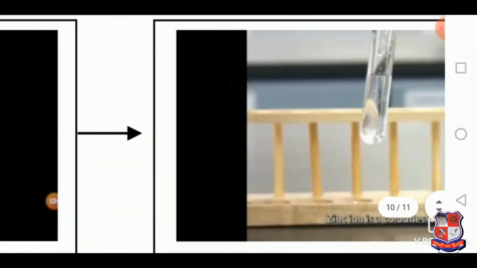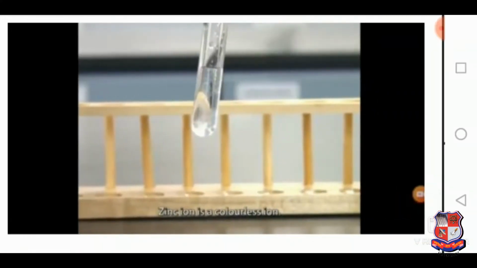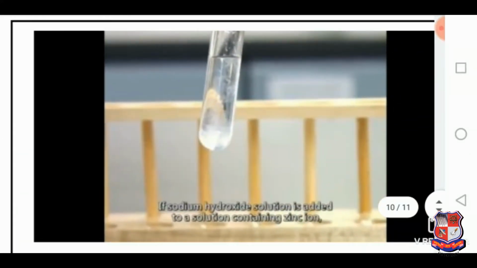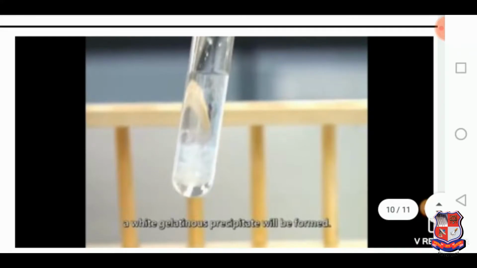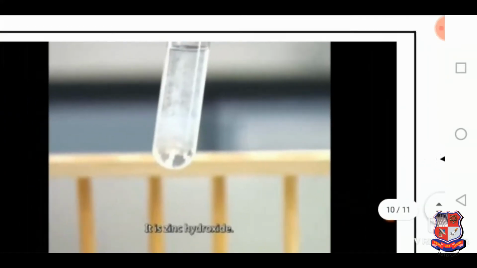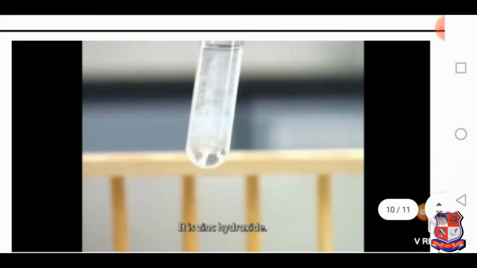Zinc ion. Zinc ion is a colorless ion. If sodium hydroxide solution is added to a solution containing zinc ion, a white gelatinous precipitate will be formed, and it is zinc hydroxide.